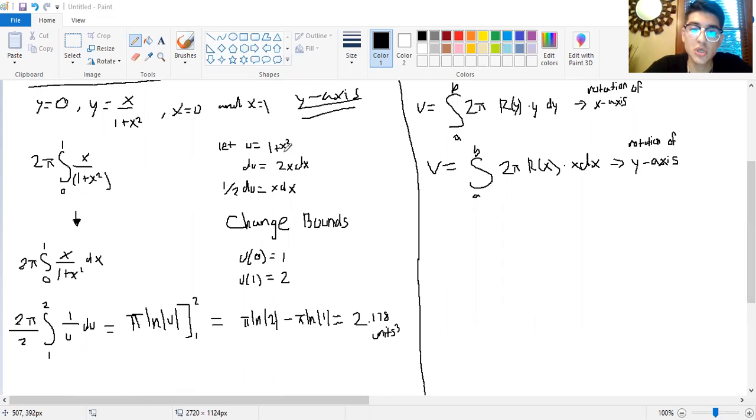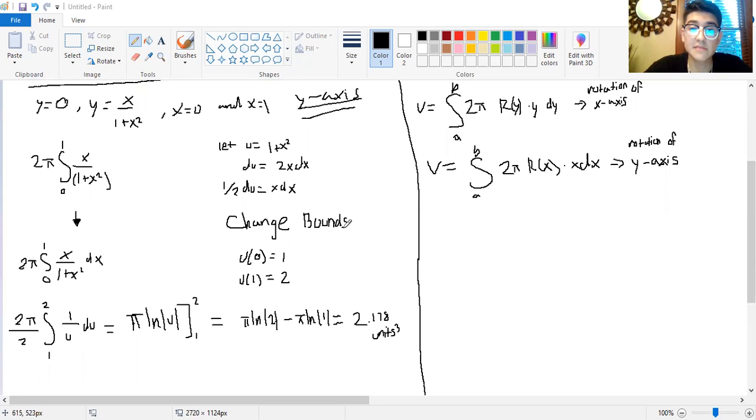Now I'm just going to do u-substitution and solve my question. Let u equal 1 plus x squared, and du equals 2x dx, which gives me one half du equals x dx. So I have that here, and therefore I'm able to solve it. Let me rewrite it. I have 2 pi times the integral from 0 to 1 of x over 1 plus x squared.